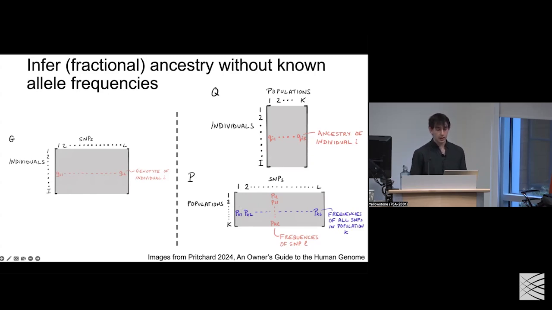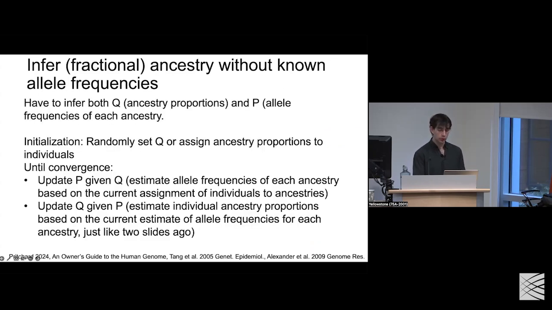That means that instead of assuming that we have access to some allele frequency reference panel, we're going to infer our allele frequencies from the data. And so now our inference approach is a little bit more complicated because we have to infer both Q, the ancestry proportions, and P, the allele frequencies of each ancestry.